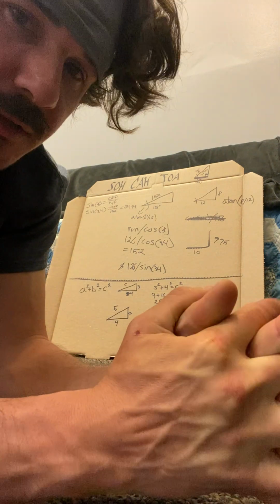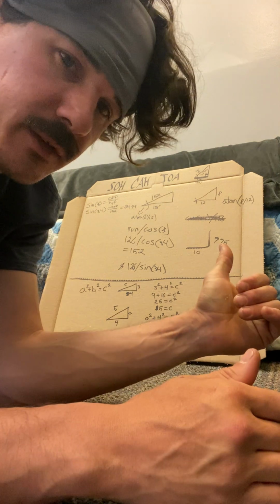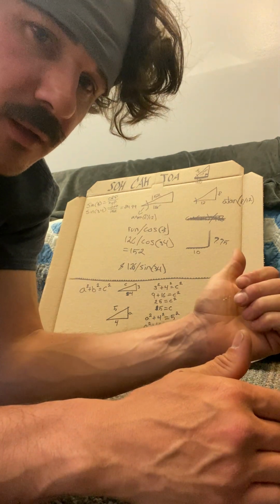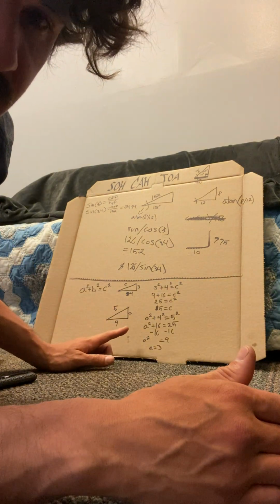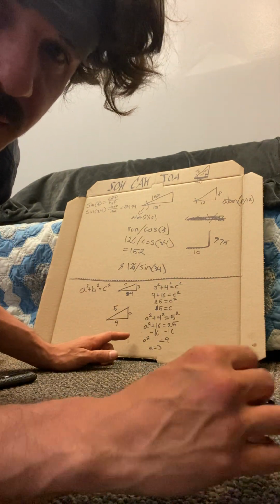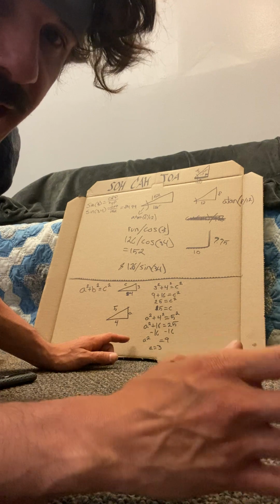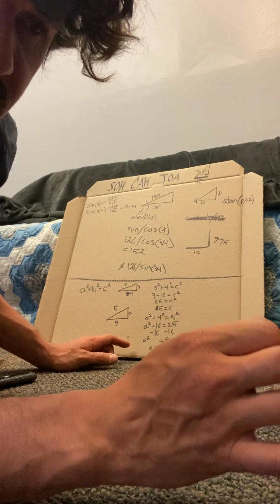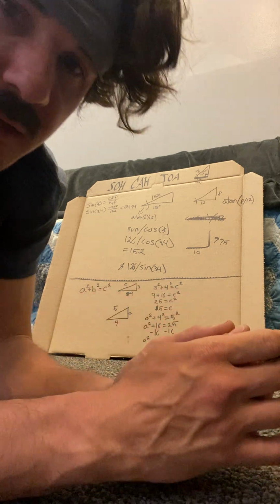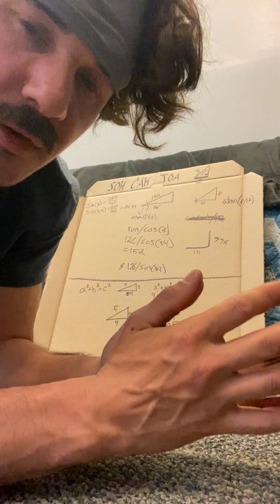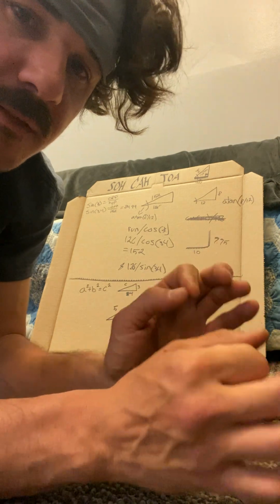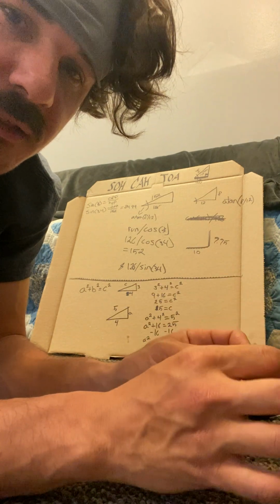Okay, if you understand SOHCAHTOA, you remember that, and you understand the algebra that we just did as far as doing the opposite on both sides, and you can remember that the trigonometric functions themselves give you a side given an angle and a side, and the inverse will give you the angles given sides.